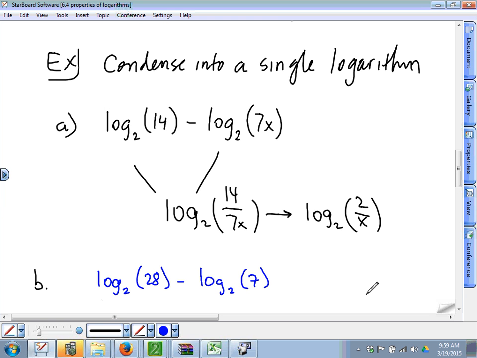And I'm just going to give you a heads up. The correct answer is just a single number. The answer is a whole number. There's no logarithm in your answer. You get what I'm saying? The answer's 2.